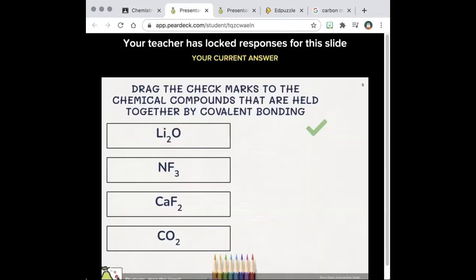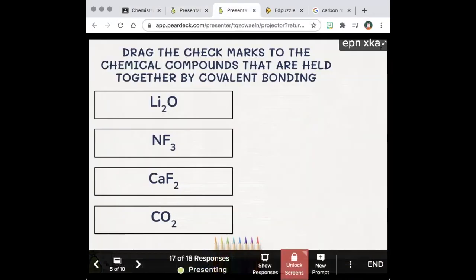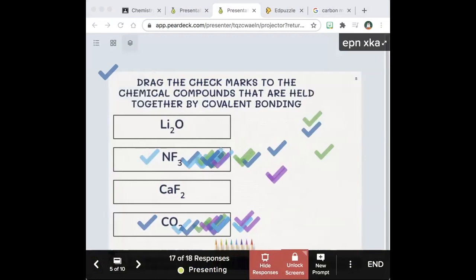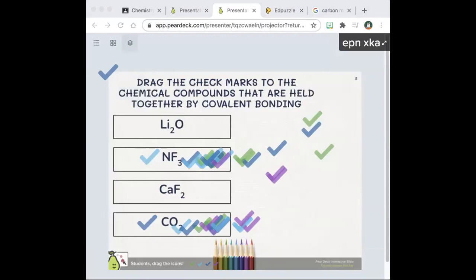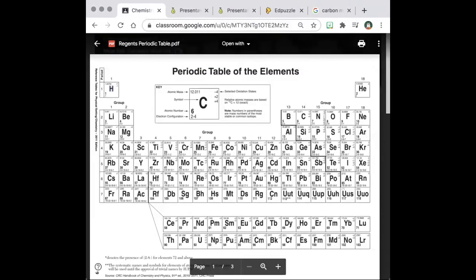Okay, and so if we look at your classmates' responses, you will see the vast majority of check marks are here on NF3 and CO2. And so if we double check those, we have nitrogen up here above the staircase, nonmetal, fluorine above the staircase, nonmetal, and 2 or more nonmetals make a covalent bond.